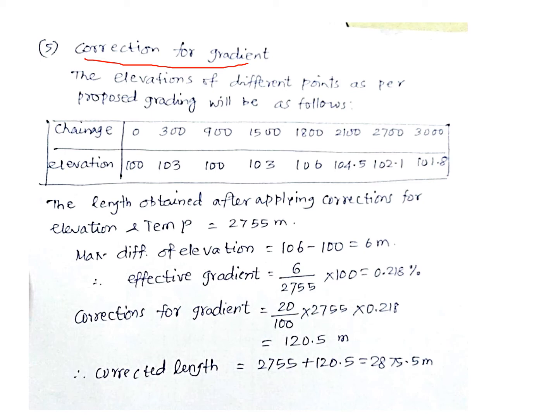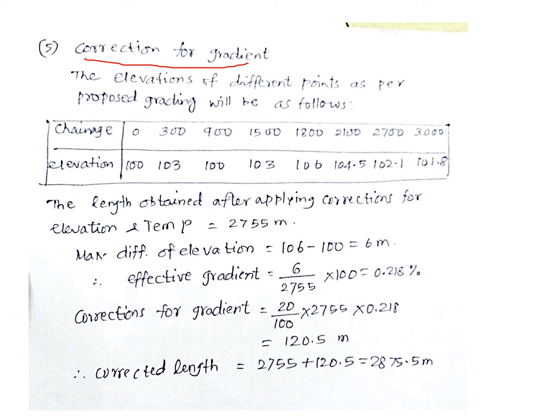So the effective gradient is the difference between the maximum and the minimum elevation on the basic runway itself. To calculate this difference, we have to find the maximum and the minimum elevation.